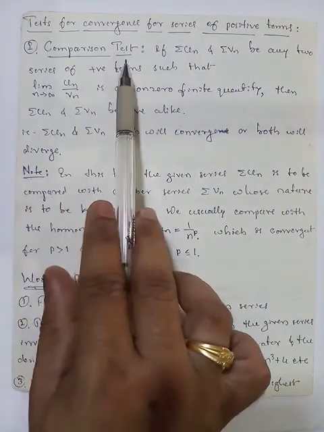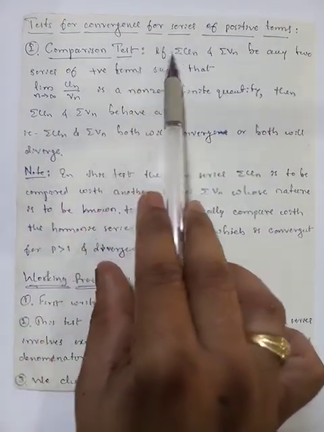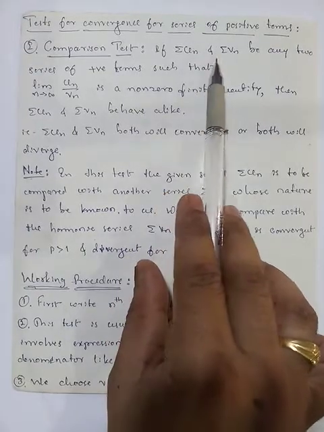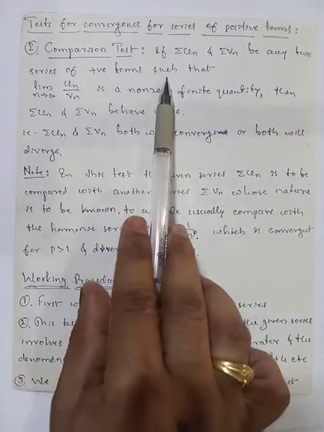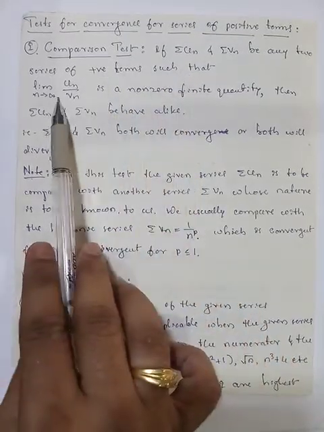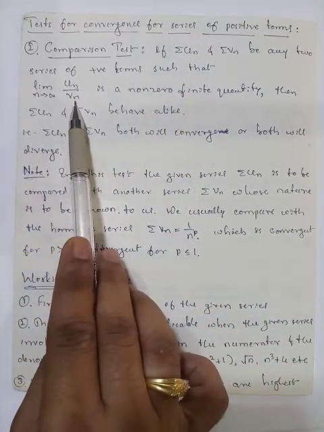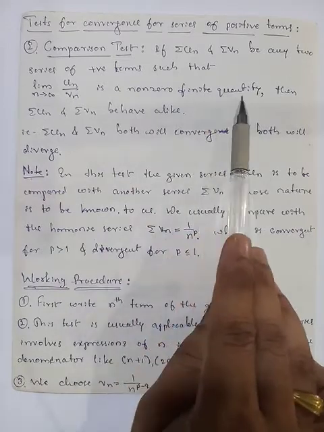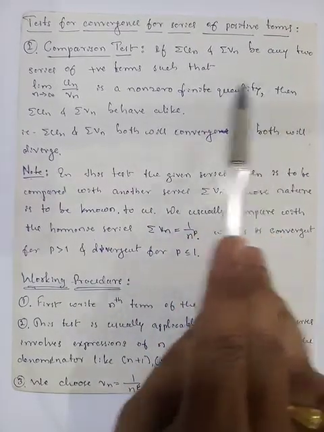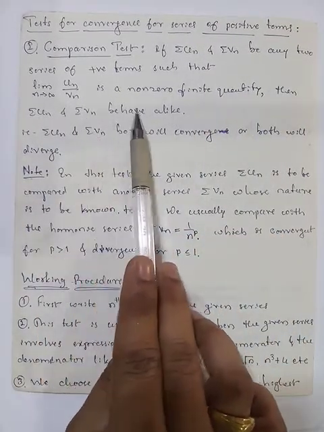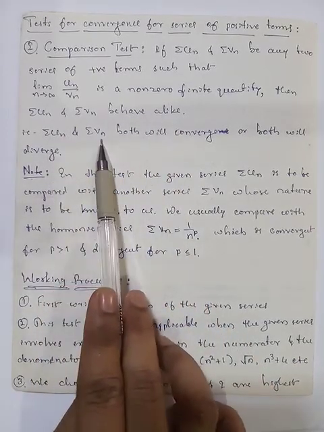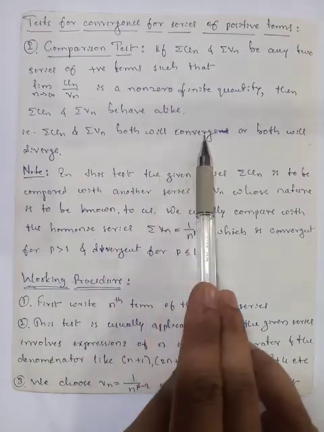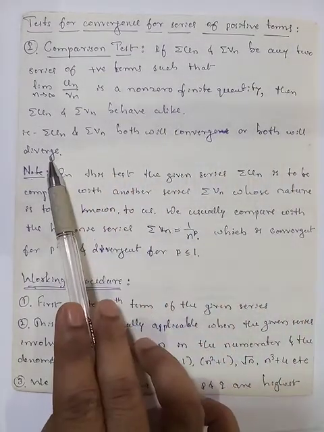What is the comparison test? If summation un and summation vn are any two series of positive terms such that limit un divided by vn is a non-zero finite quantity, then summation un and summation vn behave alike; that is, both will converge or both will diverge.